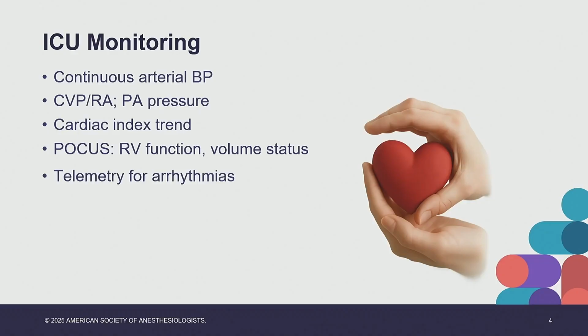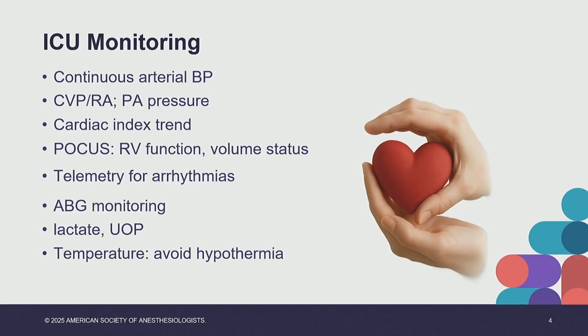I keep those patients on continuous telemetry to monitor for arrhythmia. I'm also checking ABGs to avoid hypoxia, hypercapnia, and acidosis, all of which will drive up your pulmonary vascular resistance. I'm also tracking urine output and lactate as perfusion markers. And temperature monitoring is extremely important because even mild hypothermia can cause pulmonary vasoconstriction. So it's small details like these that keep the RV perfused and the patient stable.